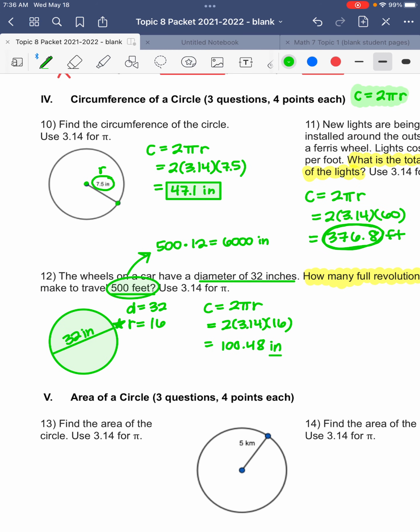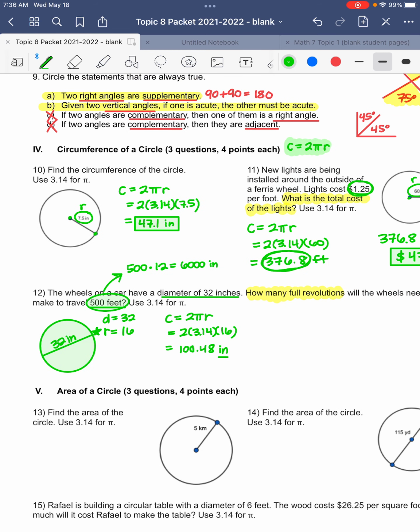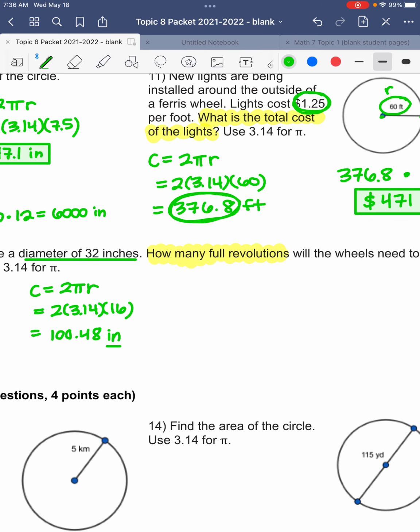So now the question is, how many full turns will the wheels make to travel 6,000 inches? So all I'm going to do is take the 6,000 inches and divide it by the 100.48 inches. So let's put that into our calculator.